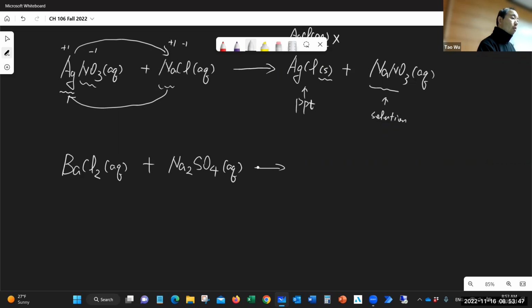Again, when you think about the cations, the cations will replace each other. So the barium is going to replace the sodium ion, and the sodium is going to replace the barium ion.